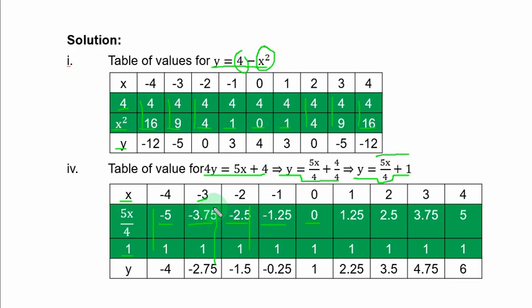When you continue in that order, you have 3.75 plus 1, you have 4.75. And 5 plus 1, you have 6. So we have the two tables of values for the quadratic and linear equation.